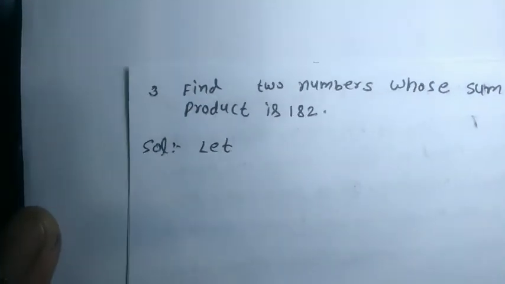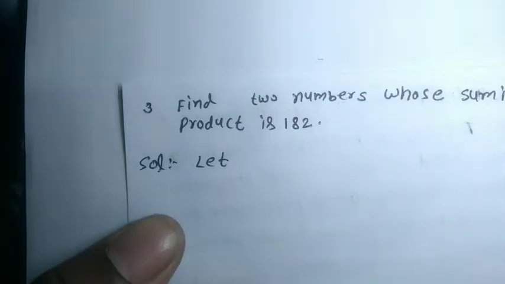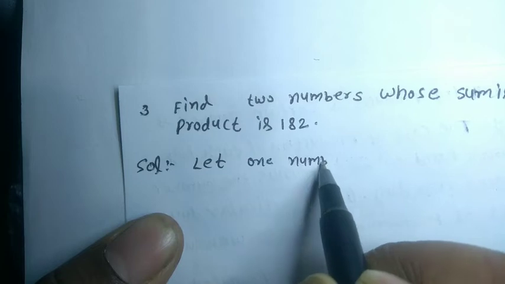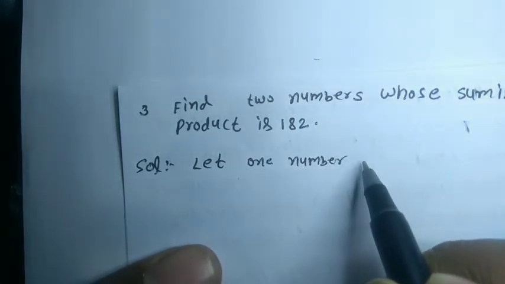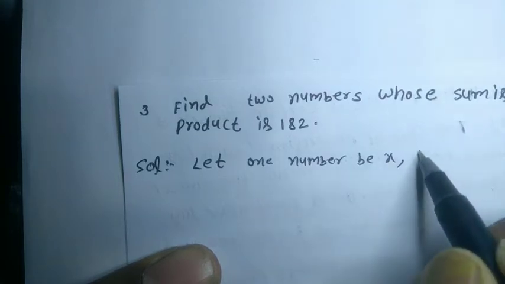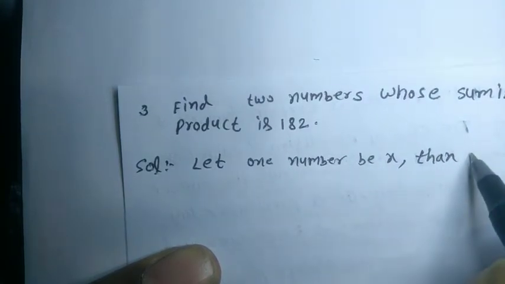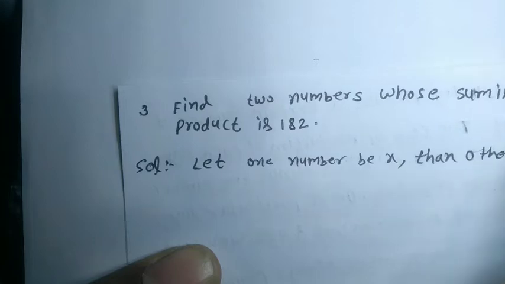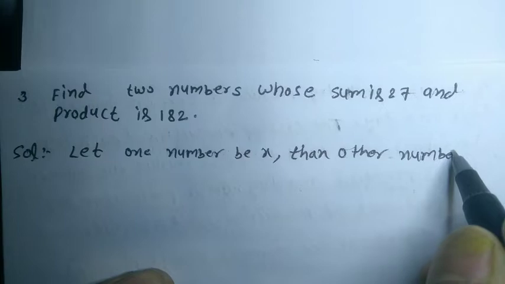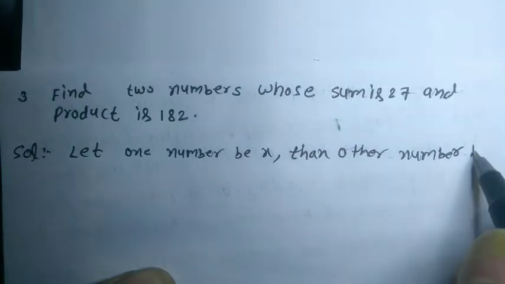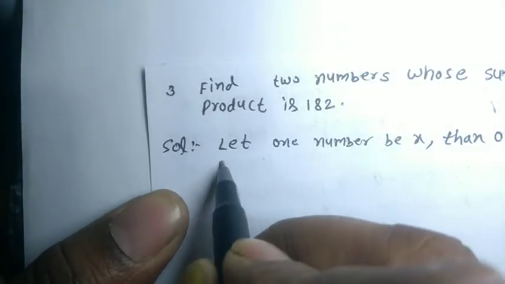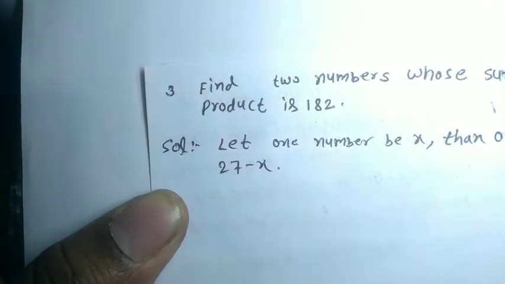Let one number be x, then the other number be 27 minus x.